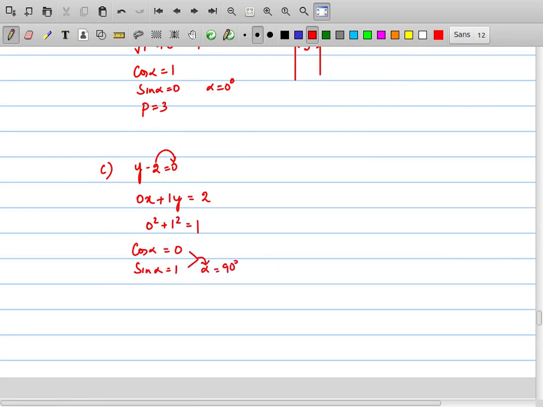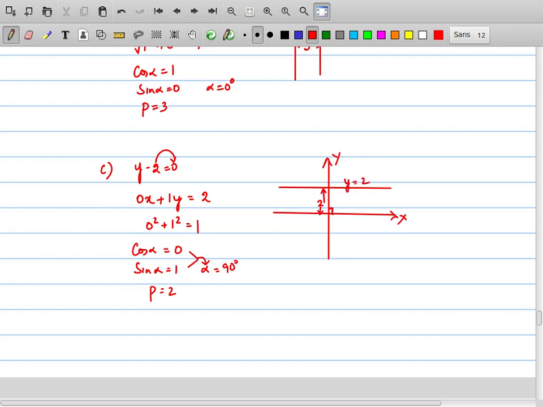Either way we look at it, alpha is 90 degree. Therefore, the perpendicular from the origin to our line is making an angle of 90 degree. P is 2. Let's draw this. Our line y is equal to 2 will be a line like this. This is the y-axis, this is the x-axis. This is the perpendicular distance from the origin, this is 2, and that is why this is y is equal to 2.